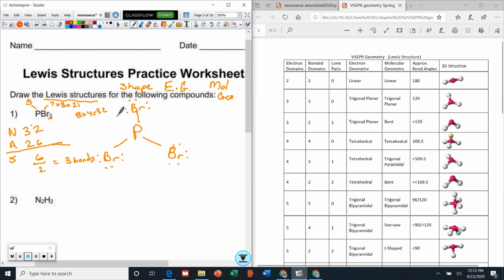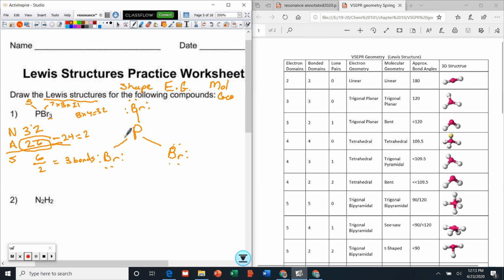So I have 2, 4, 6, 8, 10, 12, 14, 16, 18, 20, 22, 24. But how many electrons do I have available? I have 26. Well, if I've used 24, that means I have 2 electrons left over. So where do I put those 2 extra electrons?